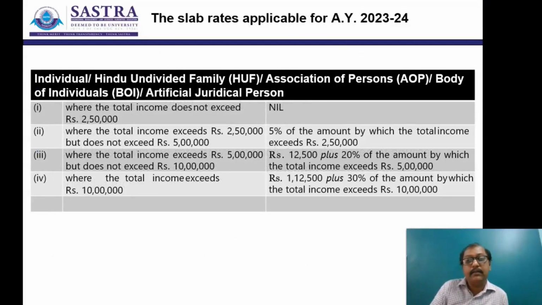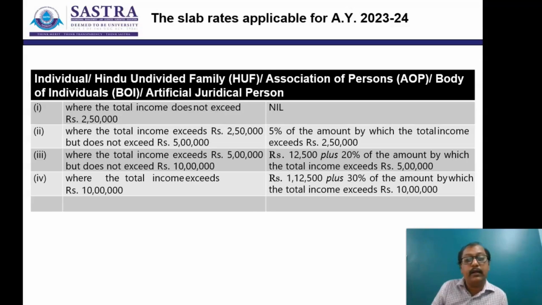Applicable tax rates for individuals, undivided families, associations of persons, bodies of individuals. For the assessment year 23-24, the tax rate goes like this.